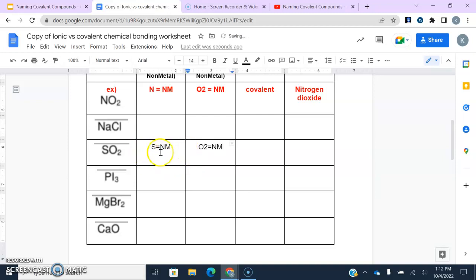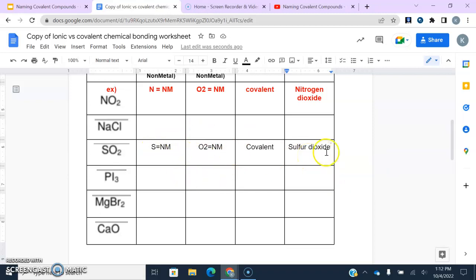So because these two are both nonmetals, this is a covalent compound, because covalent bonds occur between two nonmetals. And now we're going to name. So we have one sulfur, so it does not get that prefix. So it'll be sulfur. And then there's two oxygens, so it'll be dioxide. Okay, so there is another covalent example.